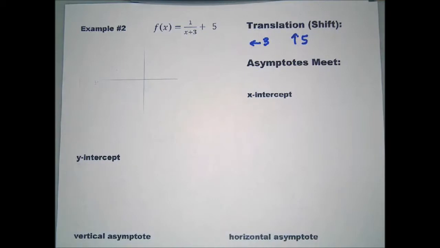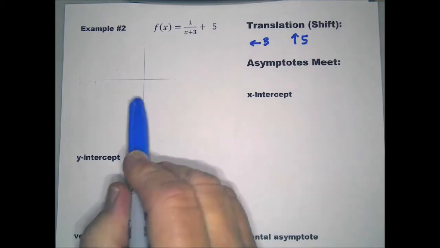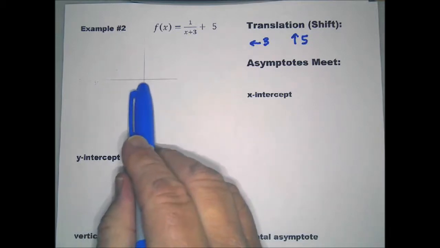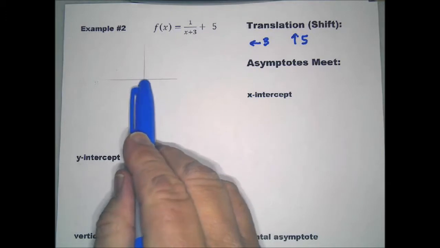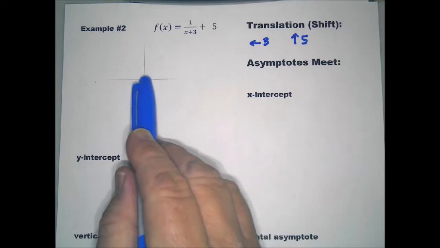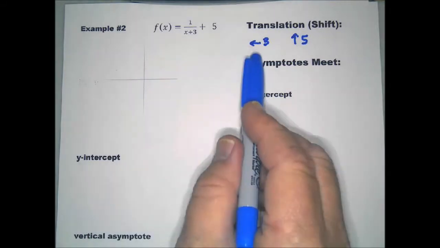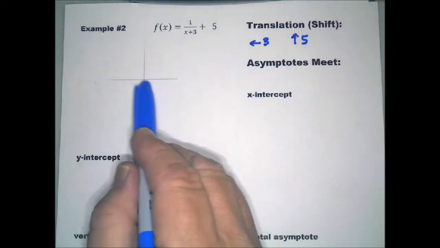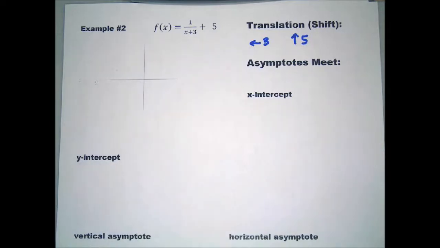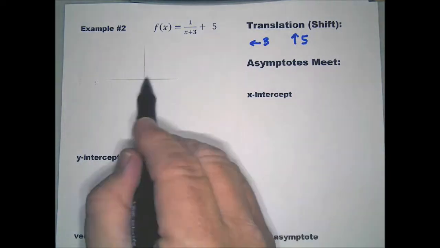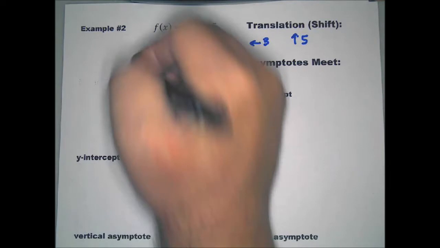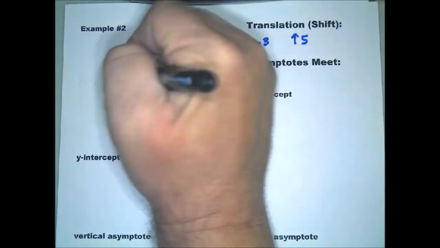Now what's actually being shifted? Well, the asymptotes is the short answer. Remember, the asymptotes on the parent function met at 0, 0. That's the place they crossed. Well, now they're going to be crossing at negative 3, positive 5, because that point of intersection is going to move 3 units to the left and 5 units up.